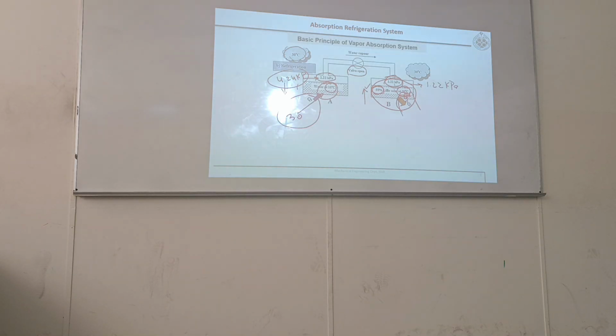So what we are doing, we have these vessels inside the room. Vessel A is cooling the room, vessel B is here outside the room. Now vessel A, all the water is evaporated. Now we'll bring these two vessels outside. We will regenerate that water vapor again from B to A, the initial condition. Once the initial condition is achieved, bring it again inside.